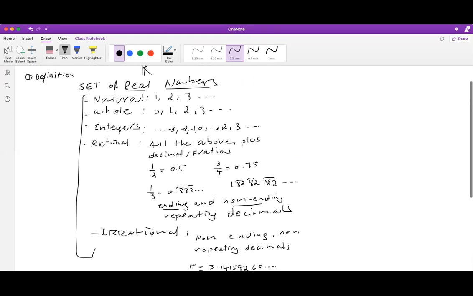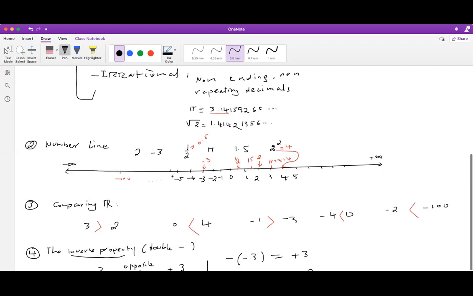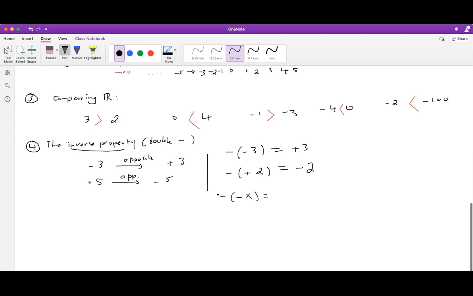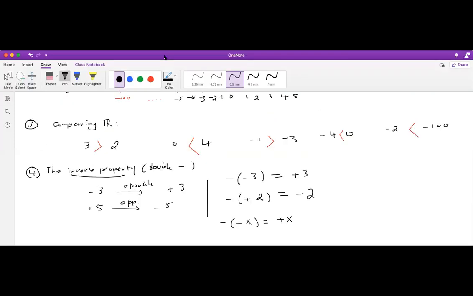So x refers to any natural, whole, or any number here. So what is the opposite of -x? +x. That's right, +x, whatever that x might be. X could be 1, could be -7, could be 3 out of 5, could be anything. So double negative again, negative turns into a positive.